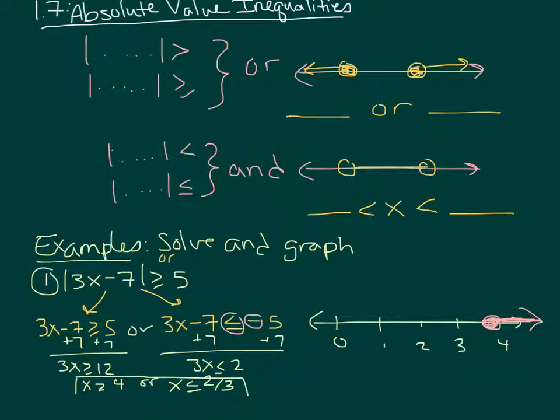The second thing is that we know it's an OR one, so it's going to look just like our top graph up there. The next one, we have less than or equal to 2/3. I don't know exactly where that is on the graph, but I know it's going to be more than 0, less than 1/2, and less than 1. And so it's closer to 1 than it is to 0, so I'm going to kind of do it right there. And then that's going to go to the left. Also, this is going to be also a closed circle.